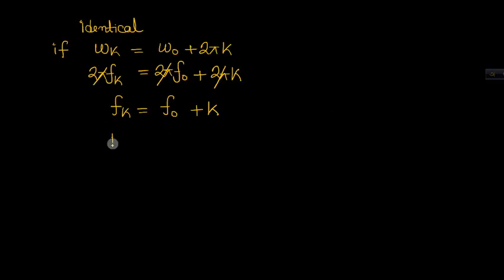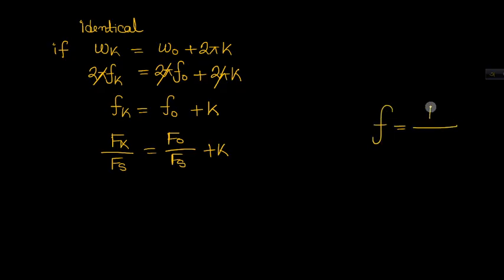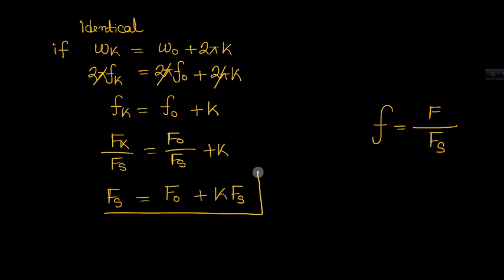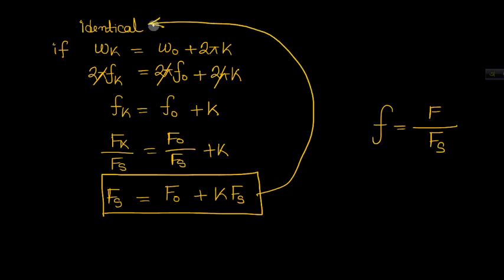So it is fk divided by fs, and this is f naught divided by fs. Why do I write this? Because this formula says small f is equal to F by fs. So let me now multiply this with fs. So I will get fk is equal to f naught plus k fs. Okay, so this is the condition for which the signals will be identical.